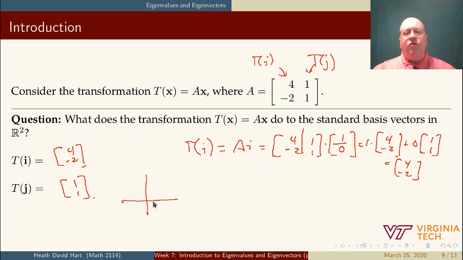So if I try to draw this transformation, here are my vectors i and j. They transform. i transforms into the vector 4, negative 2. And j transforms into the vector 1, 1.